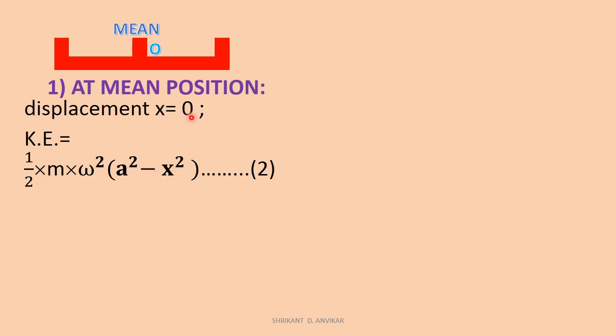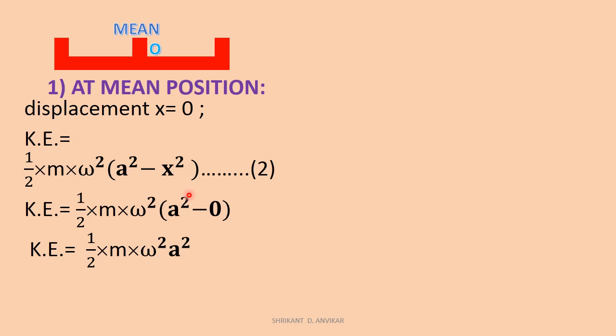Substituting x equal to 0, we get 1 by 2 m omega square A square. This kinetic energy is known as maximum kinetic energy. When the particle is at equilibrium position, its kinetic energy is maximum. When the particle is crossing the center of the path, kinetic energy is maximum.